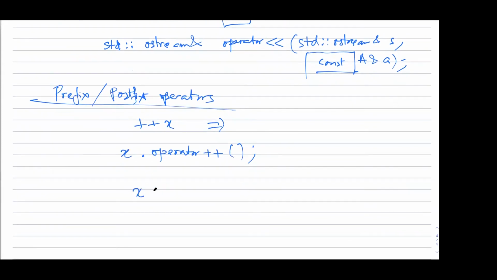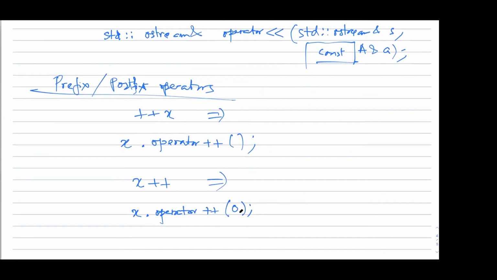And then when you write x++, this is equivalent to saying x.operator++(0). Now, because both carry plus plus, it has to have something to distinguish. So it just passes a nonsensical value 0. So 0 here is kind of irrelevant, but it just distinguishes the signature of this ++ from this ++. Like one is a prefix, another is a postfix operator.